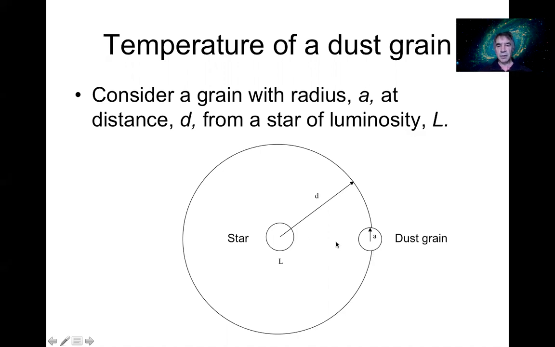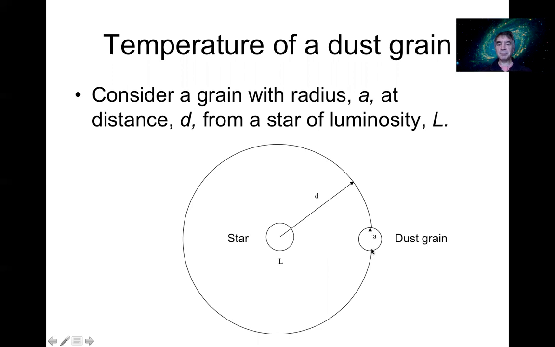What is heating the dust grain is the radiation that it intercepts coming out from the star.